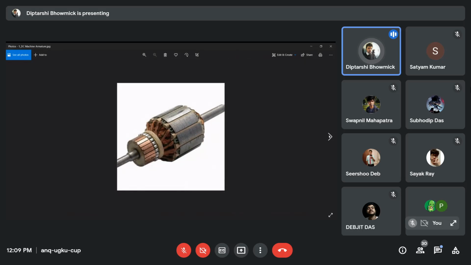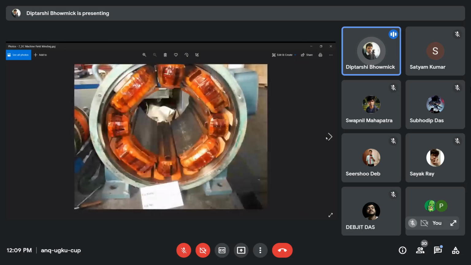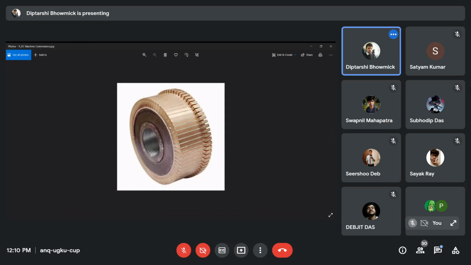If you take a closer look at the commutator, it looks like this. You can see each and every commutator segment is separated by mica lamination, or rather mica insulation. No one is connected to each other.